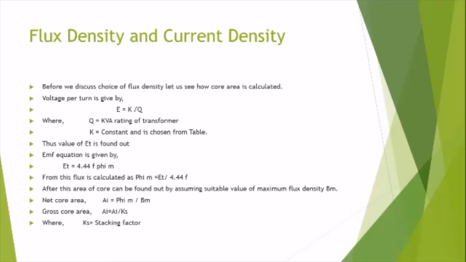Thus, the value of ET is found out. The EMF equation is given by ET is equal to 4.44 F PHIM. From this, flux is calculated as PHIM is equal to ET by 4.44 F.